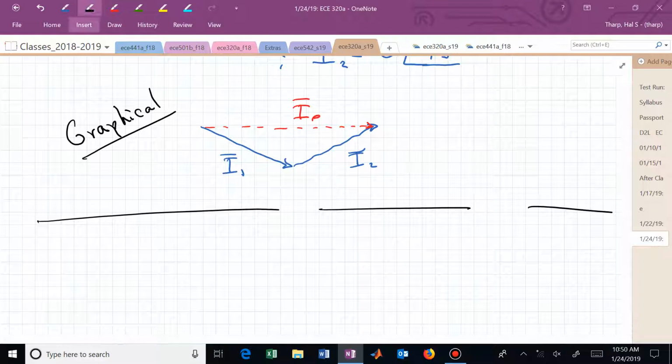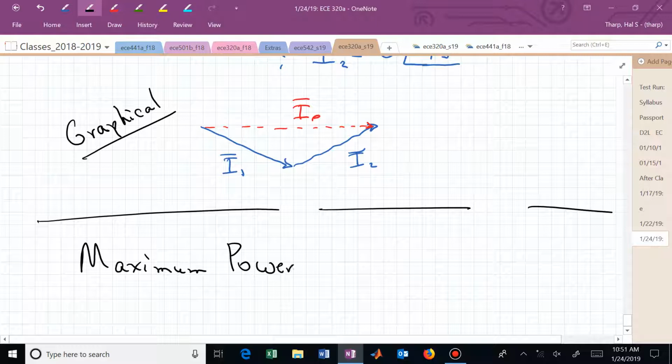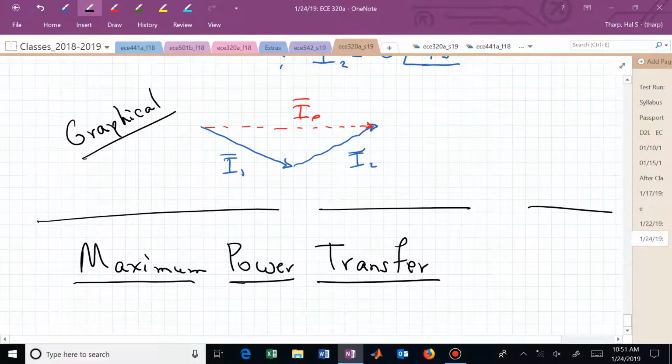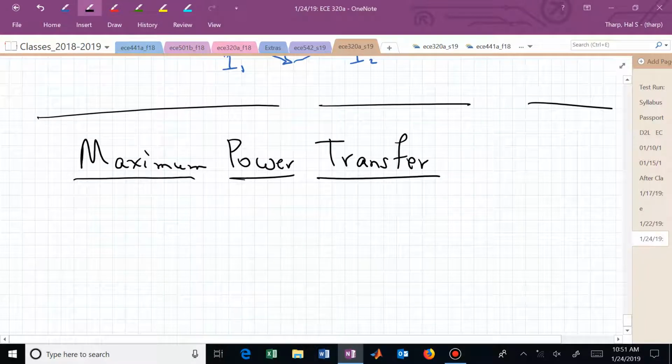Let's now move into the next topic, which is maximum power transfer, and we're doing this under sinusoidal steady state conditions.